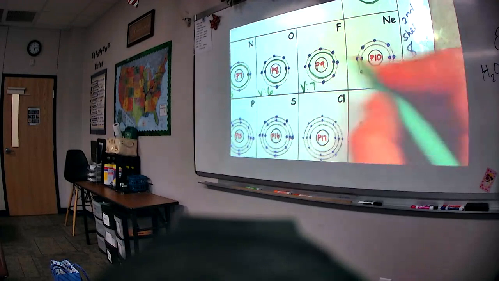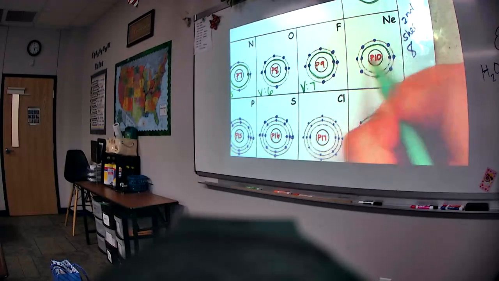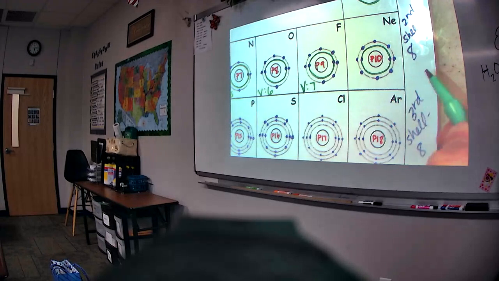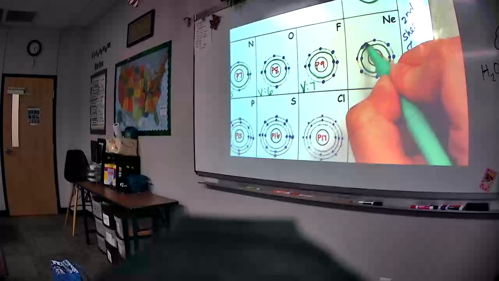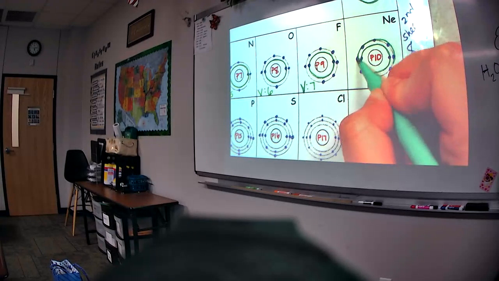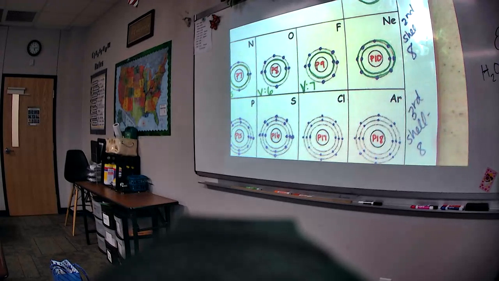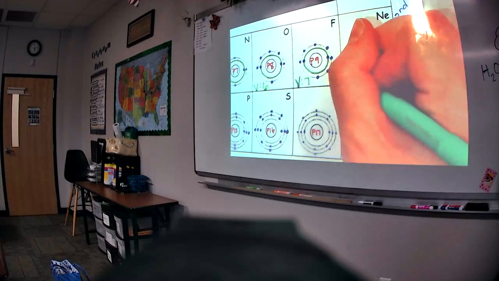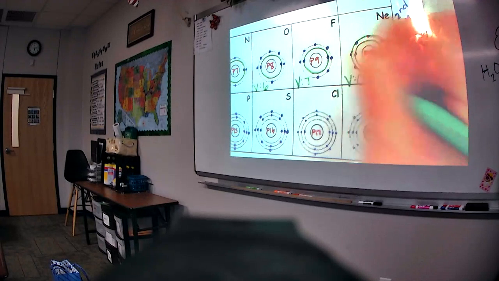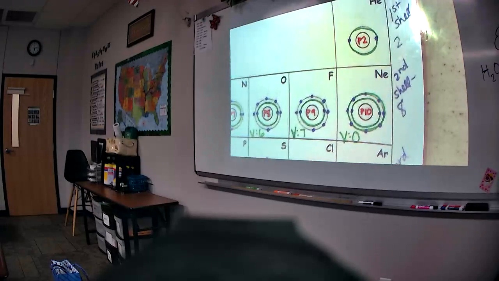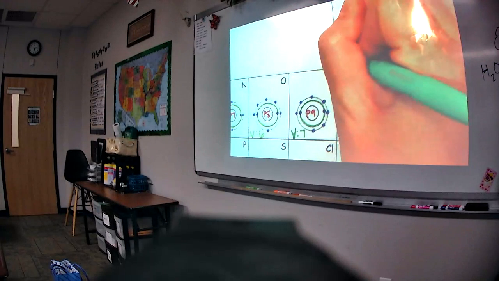Neon has a full first shell and a full second shell. It's got 2 in the first and 8 in the second. So we're going to trace both shells. How many valence electrons does neon have? 0. Same thing for helium. We can go back and write that as well.